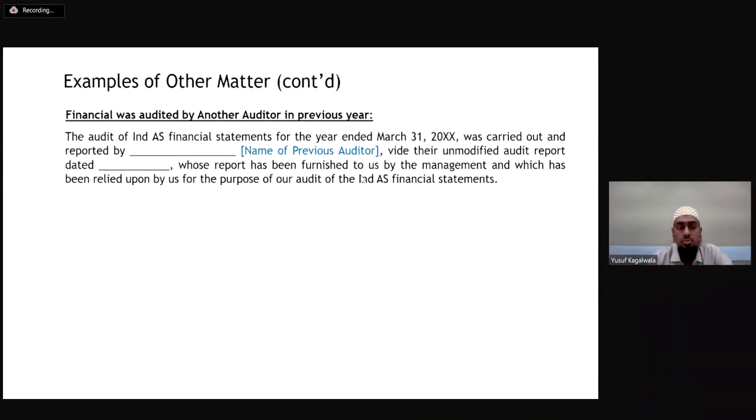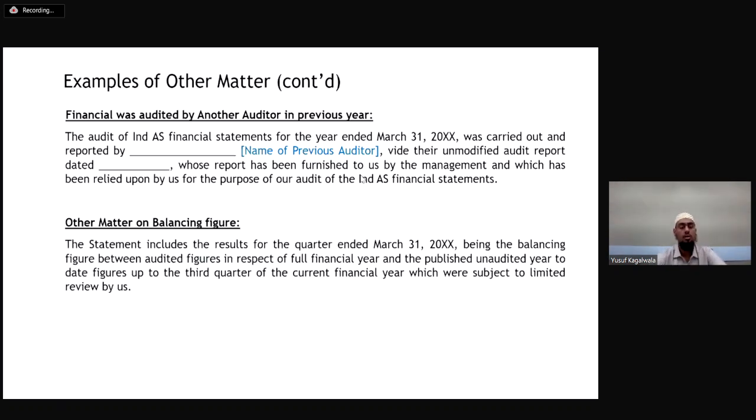Where the financial statements were audited by another auditor in the previous year, an other matter is given only where we are appointed in the first year. If we are a newly appointed auditor and the previous year financials were audited by some other auditor, we have to highlight this fact, as it is a relevant point to the users of the financial statements.